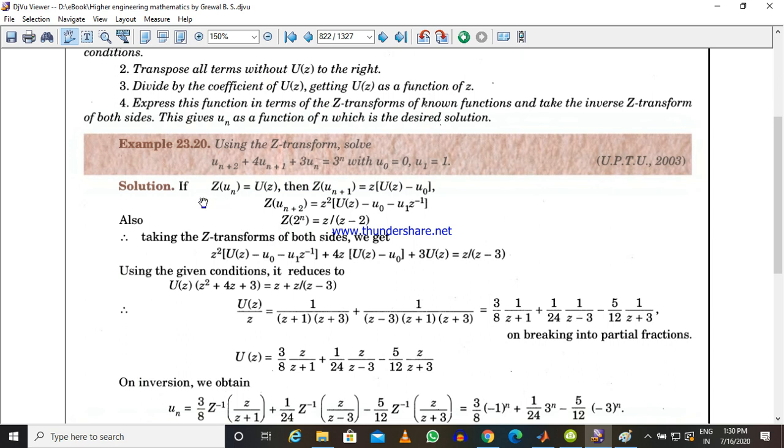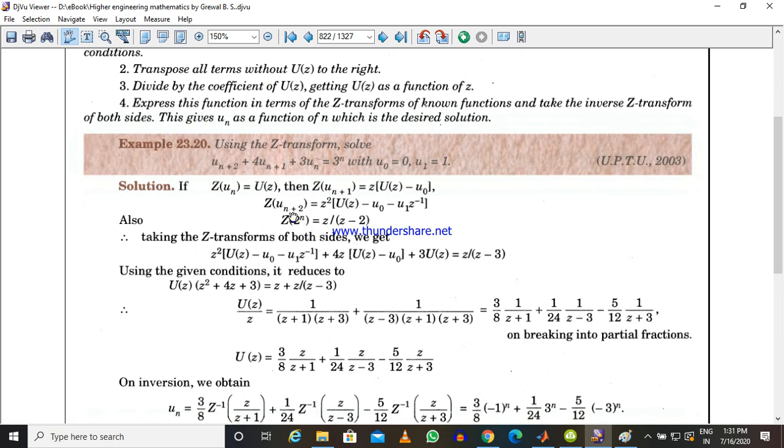If Z of u[n], a sequence, is U(z), then Z of u[n+1] is equal to z into U(z) minus the initial u0, the initial value of the 0th sample. Similarly, Z of u[n+2] is equal to z squared into U(z) minus u0 minus u1 z to the power minus 1. So these are the things.